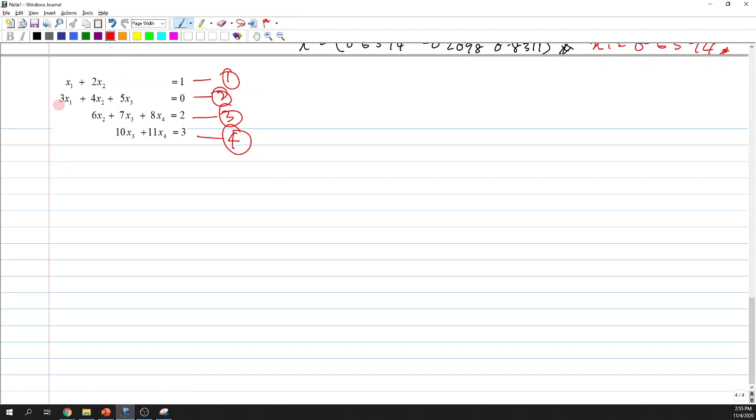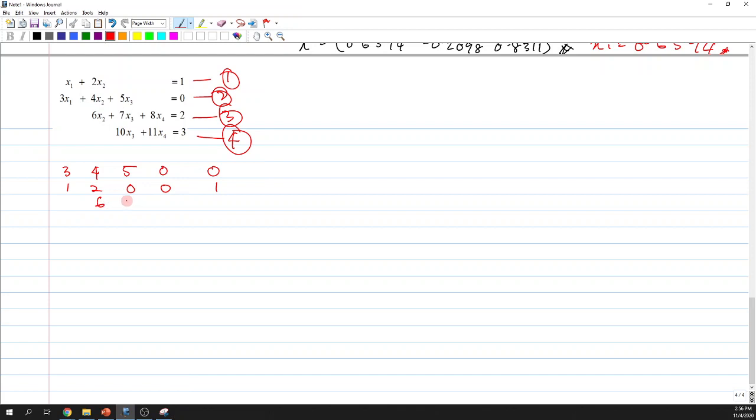Okay, so we need to eliminate this part. So before we eliminate, we need to see which one is the highest. So we see that the 3 is the highest one. So we rewrite the equation. 3, 4, 5, 0, 0. Okay. 1, 2, 0, 0, 1. Okay. So we already swap, and then the others we just rewrite.